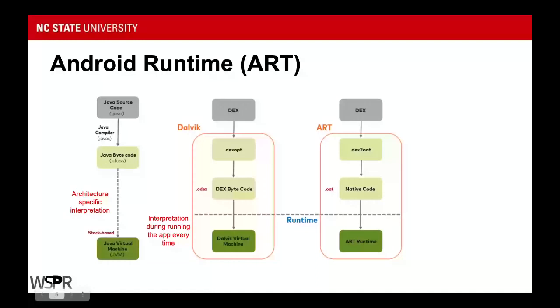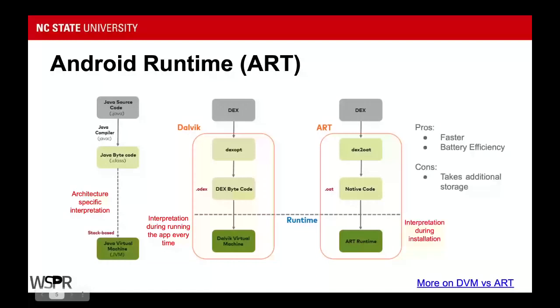In Android Runtime, the platform-specific translation happens when you are installing the app, and that happens only once, and therefore the app starts faster and it consumes less battery. But the downside is it takes additional storage. So if you want to know more about this Dalvik versus ART topic, I have provided a link below in my slide.